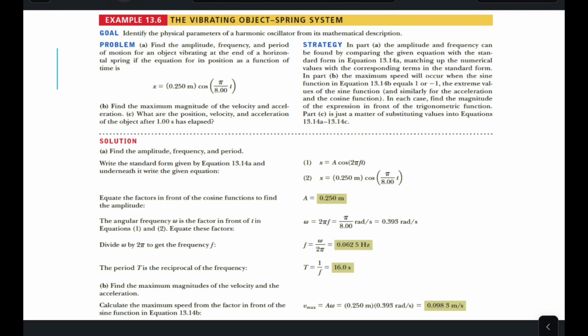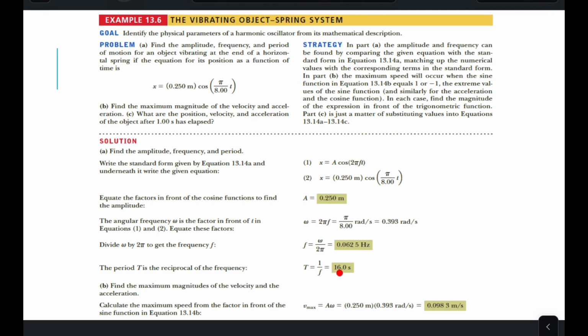From here we take a look at which one is the A. So the A is 0.25 meters and our 2 pi f t is equivalent to pi over 8 t. From here we are going to deduce the information of our frequency as well as the period.